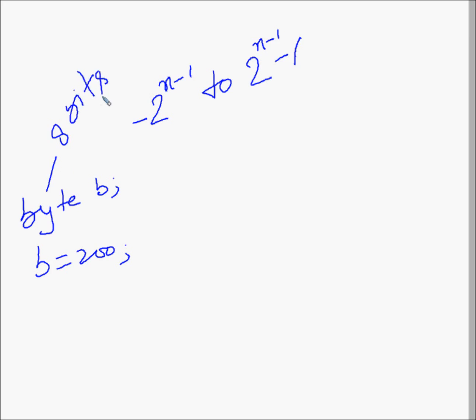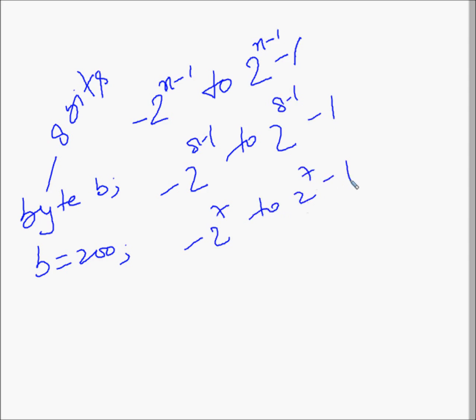It means 2 to the power 8 minus 1, 2 to the power 8 minus 1 minus 1, right? So we can say 2 to the power 7, 2 to the power 7 minus 1. It means minus 128 to 127, right?